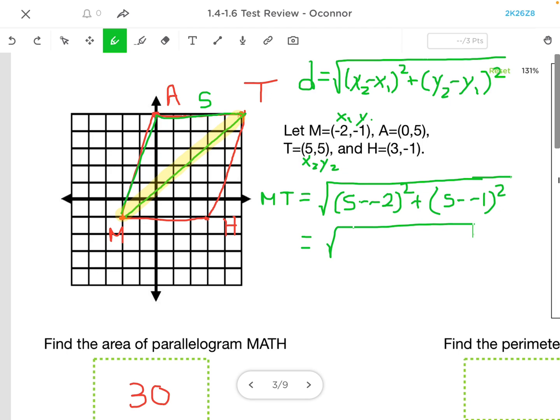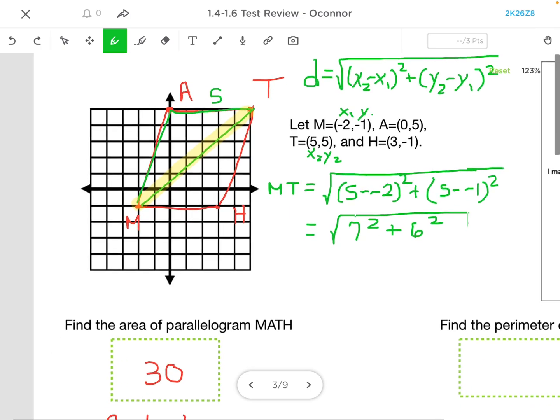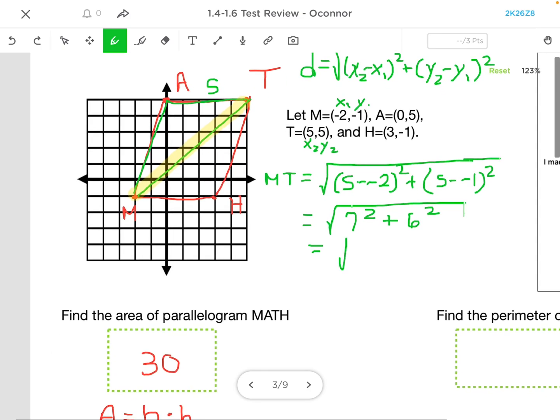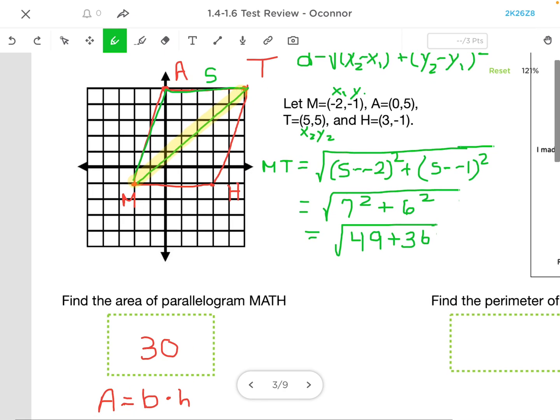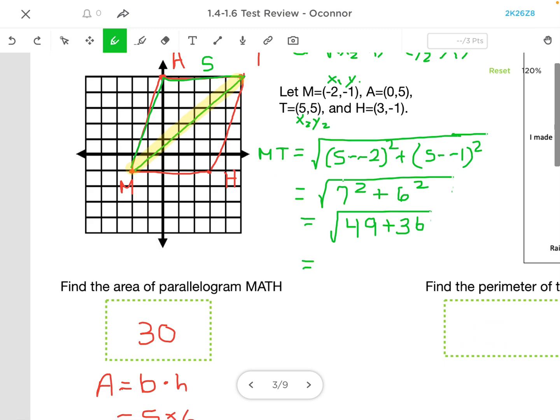So 5 minus -2 is going to be 7 squared. 5 minus -1 will be 6 squared. So I have the square root of 49 plus 36, which gives us a square root of 85.